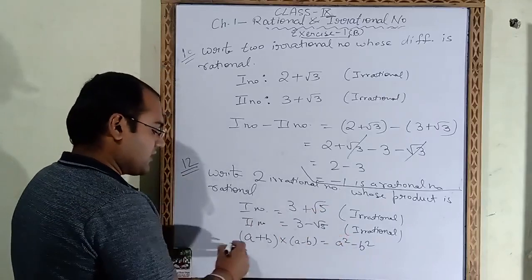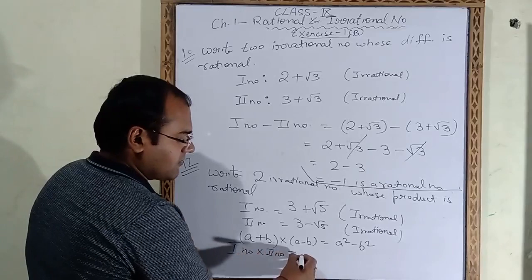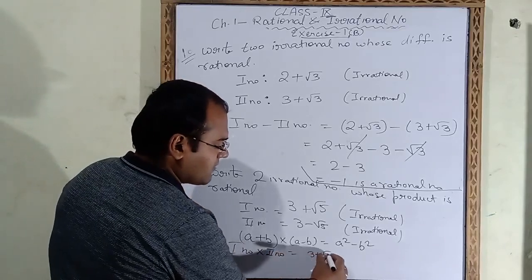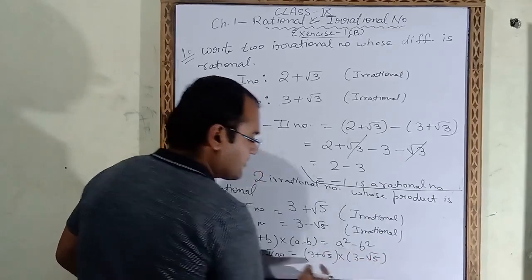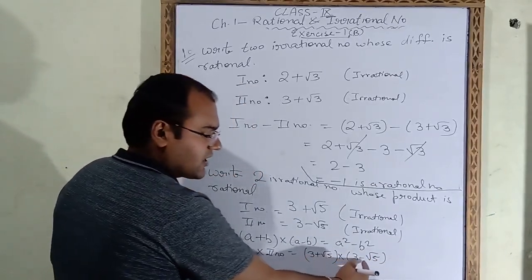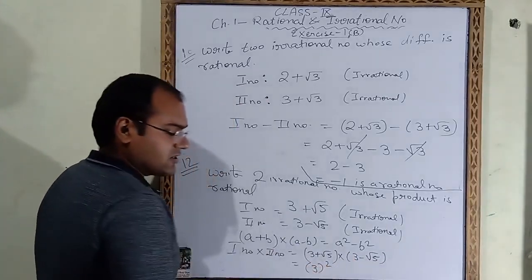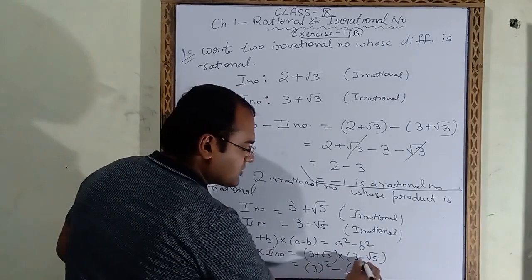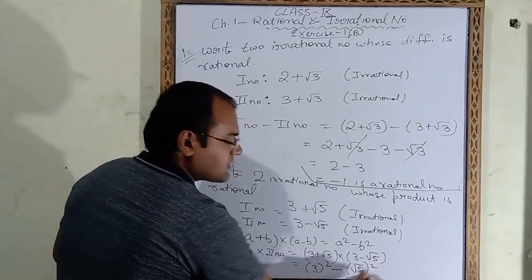So see, check here, we will do first number into second number, 3 plus root 5 into 3 minus root 5. This is a plus b, this is a minus b. That means a square, that means 3 square, minus b square. What is b here? Root 5. So root 5 square.